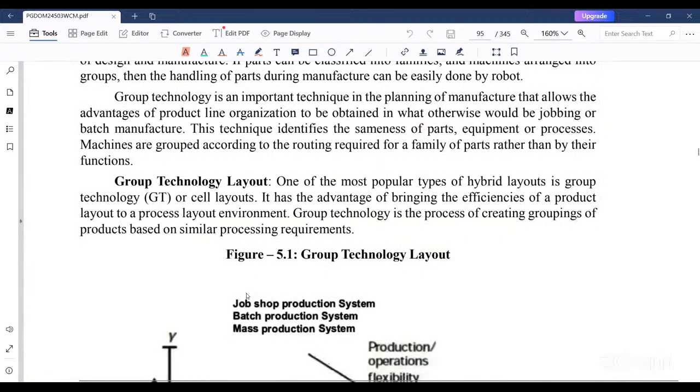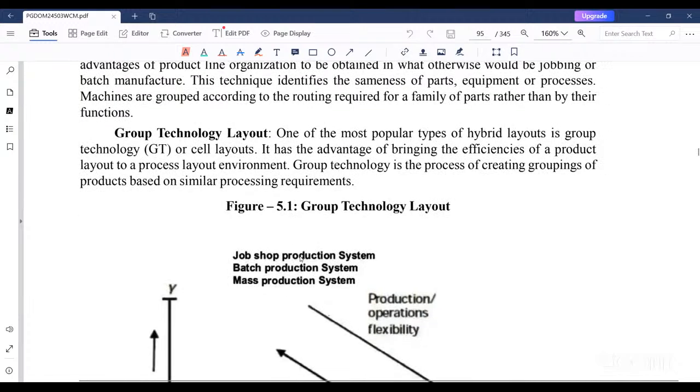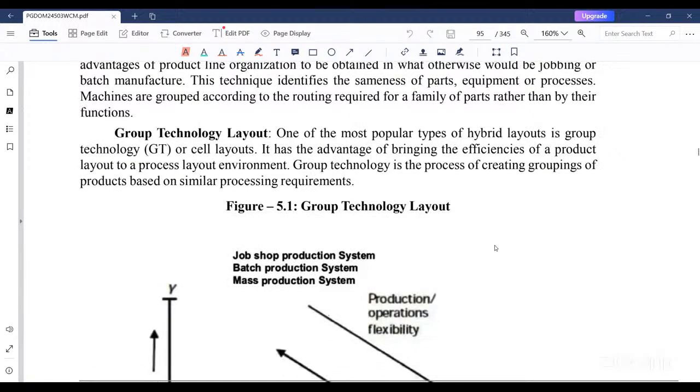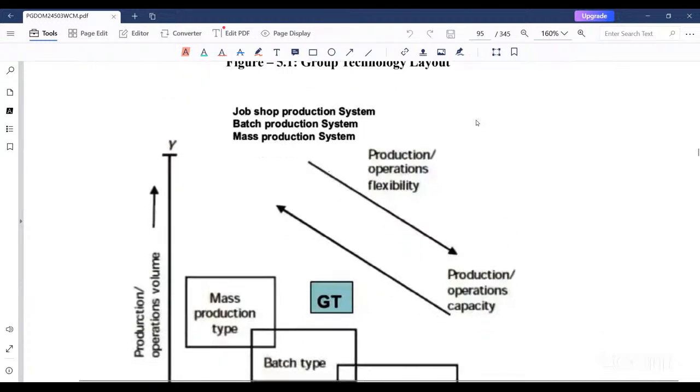Group technology layout: one of the most popular types of hybrid layouts is the group technology or cell layout. It has the advantage of bringing the efficiencies of the product layout to the process layout environment. Just look at this picture, which depicts everything.